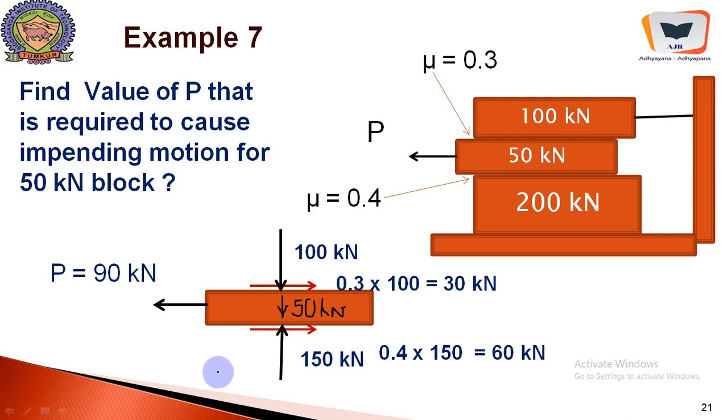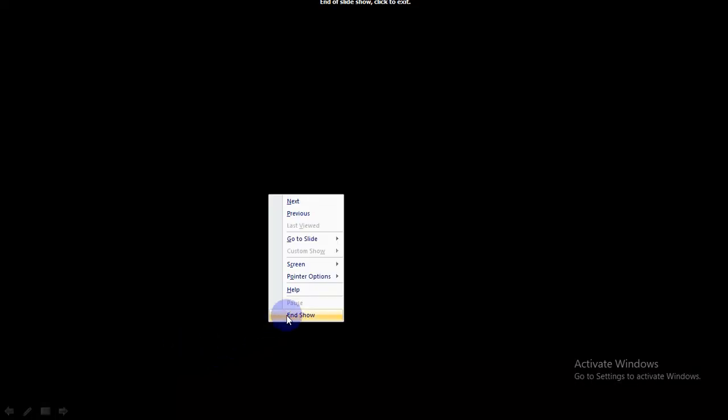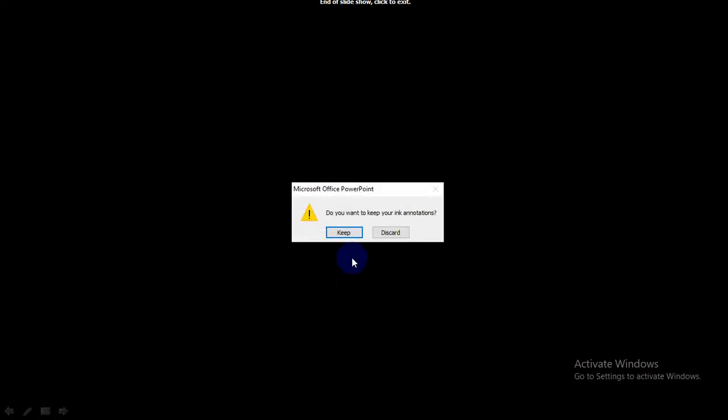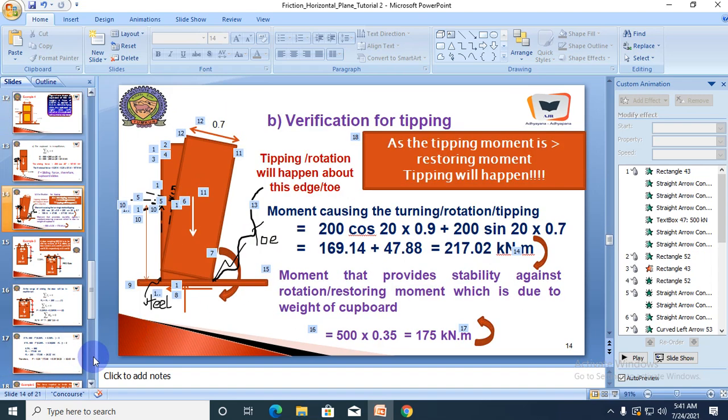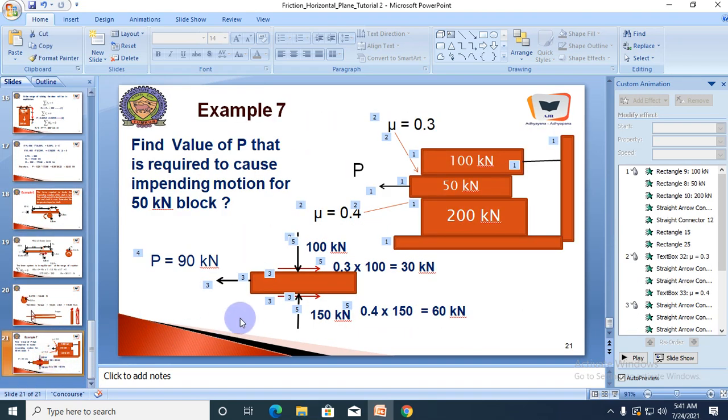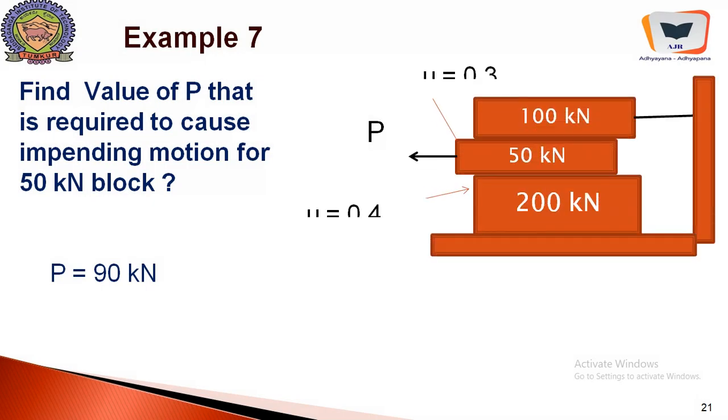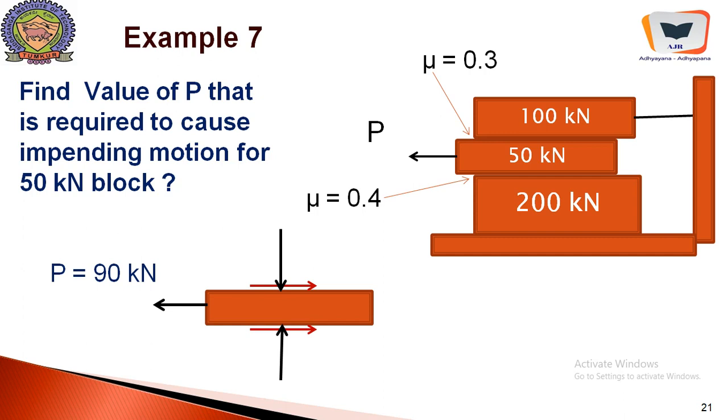And if we apply sigma Fx equal to 0, we will get back what is the force that is required, which is nothing but the summation of the frictional forces, one developed at the top, one developed at the bottom.